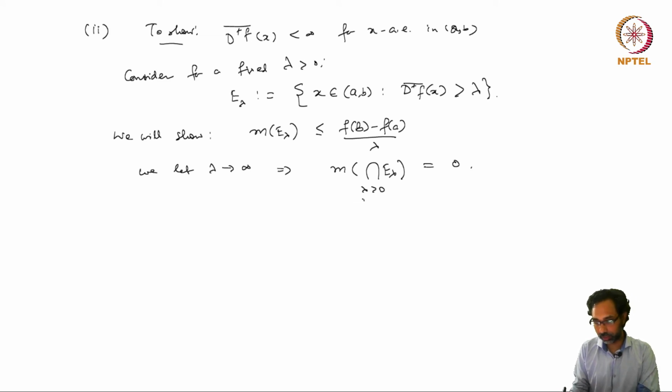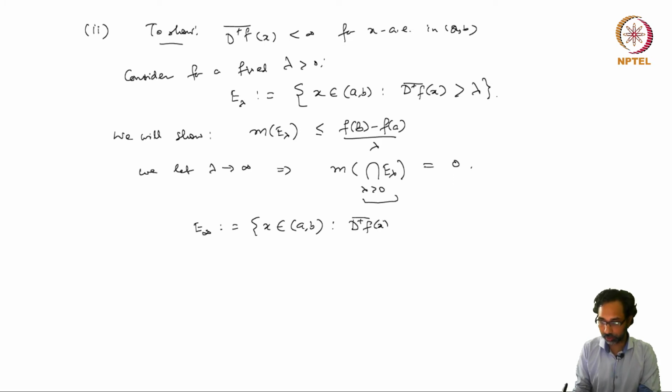But note that this is precisely the set E infinity, the set of points x in (a,b) such that D plus f upper bar is equal to positive infinity, and this is equal to the intersection of all these E lambdas.